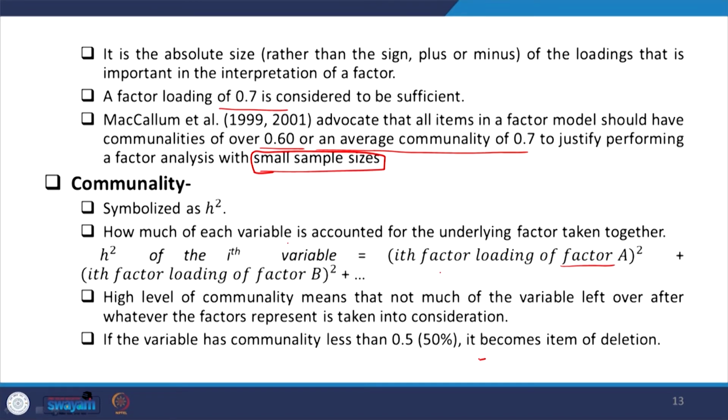If you take the square of each of the factors of that particular order, first, second, third, and take the total square of the variables, then that is nothing but the commonality. High commonality means that not much of the variable is left over after whatever the factors represent is taken into consideration.